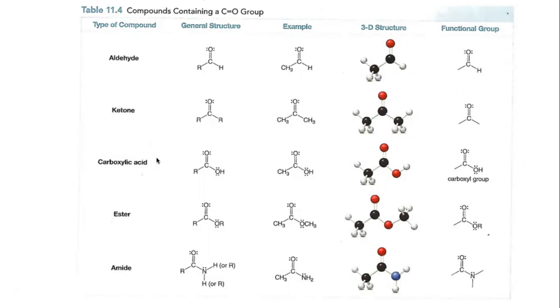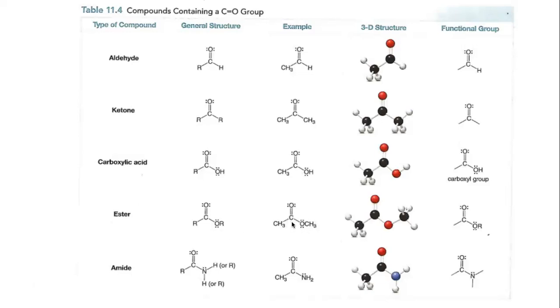Then we have carboxylic acids, so carbonyl carbon, and then this alcohol group. So this whole group here is called a carboxyl group. And this is where we get our carboxylic acid, this hydroxyl group on the right. We have this ester group. So you have here another oxygen.